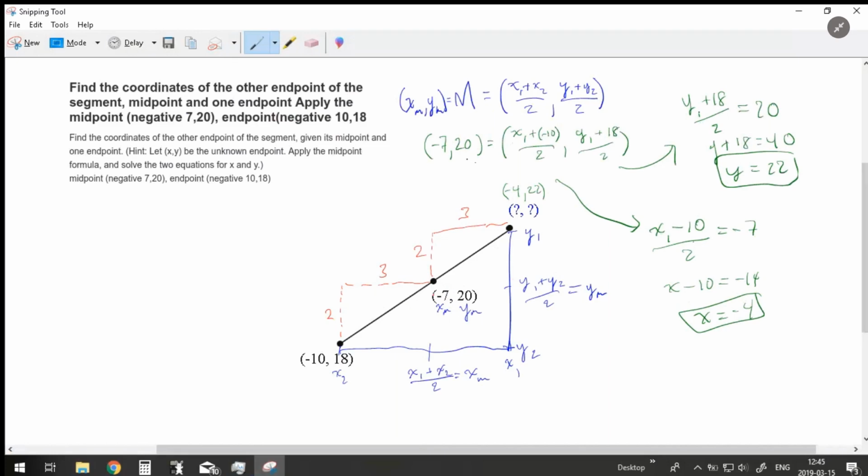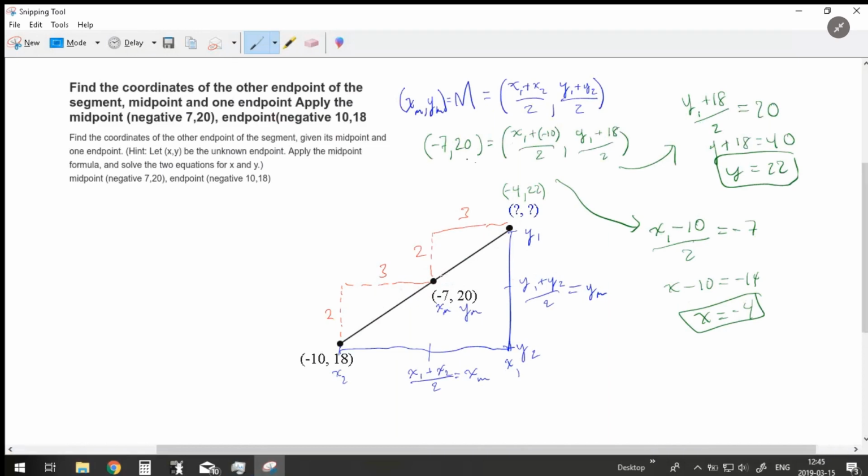Because remember that we can basically define the midpoint as the point on the line segment on either side of which the two line segment parts are equidistant. So we can say this part here is equal to this part here. They have the same slope all the way up. So no matter what, this slope and this slope are the same.